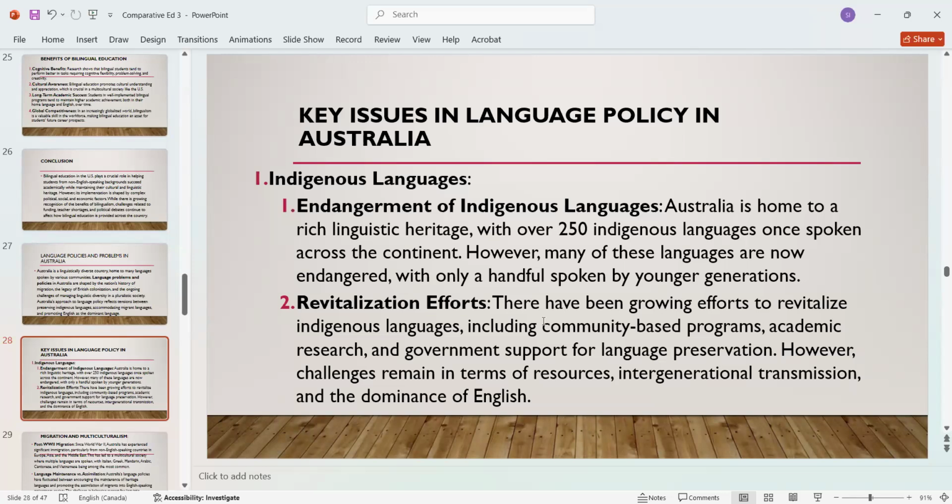So what happened was their native language is endangered. It's in danger because they are going to forget it all. The children are going to speak the normal language.